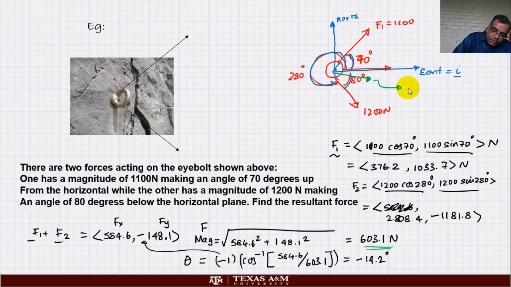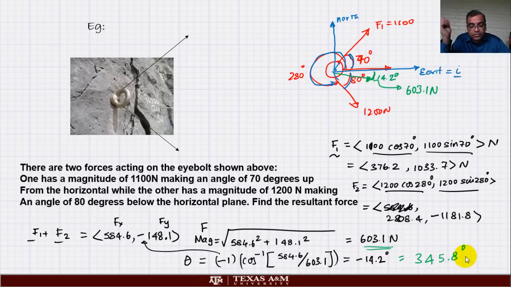So this is 603.1 Newton and this angle is 14.2. Of course, you can convert this angle. This turns out to be 360 minus 14.2, which is 345.8 degrees. If you add those two things, I should get 360. So that's it. You got the idea, right?